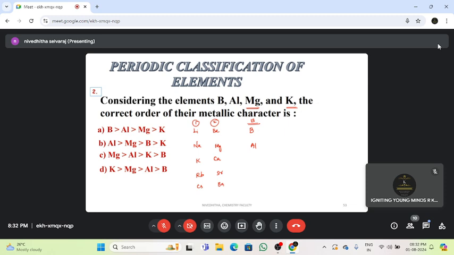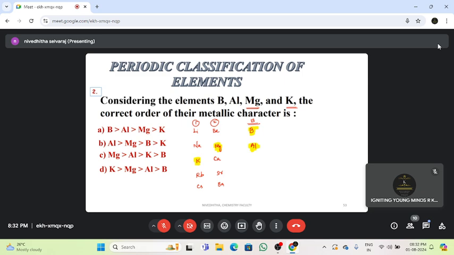Okay, here we have to consider boron, aluminium, magnesium, potassium. So what is metallic character? Capacity of an element to lose its electron. To lose an electron, an atom should have less effective nuclear charge. As we move from left to right in a periodic table, effective nuclear charge increases.